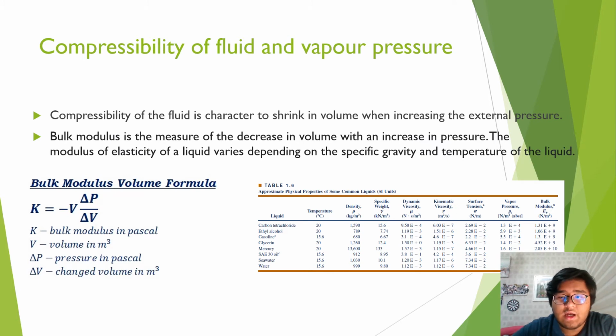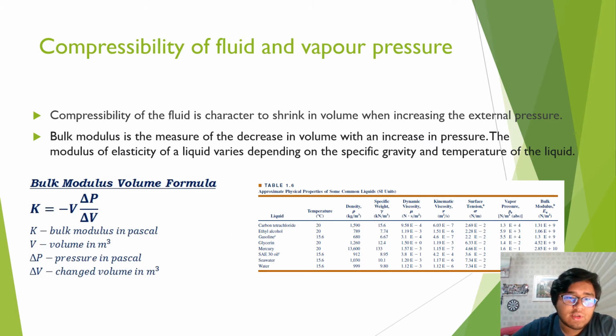Just now I explained the bulk modulus. When we decrease the size, the pressure will increase. So how do we calculate bulk modulus? The formula is there: bulk modulus equals negative volume times the change in pressure over the change in volume, in cubic meters.